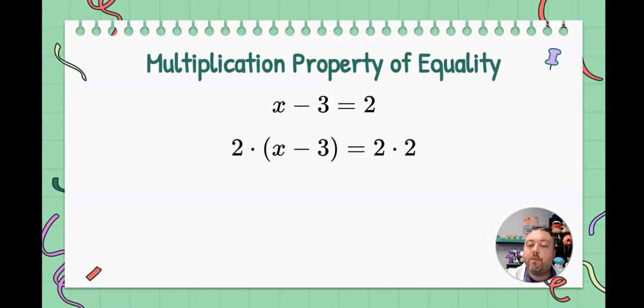And now, if you remember, whenever we have a number multiplied to an expression, we use the distributive property to make sure that value gets multiplied to both terms or all terms inside the parentheses. So we end up getting 2x minus 6 equals 4. So these are now equivalent equations. x minus 3 equals 2 and 2x minus 6 equals 4 are equivalent equations.